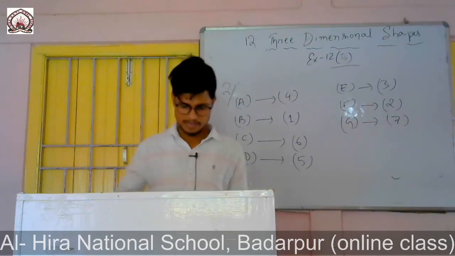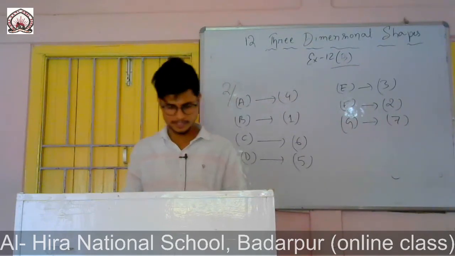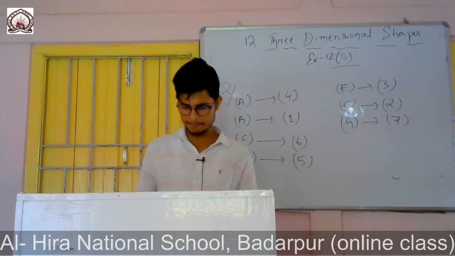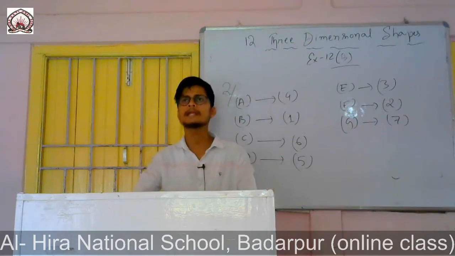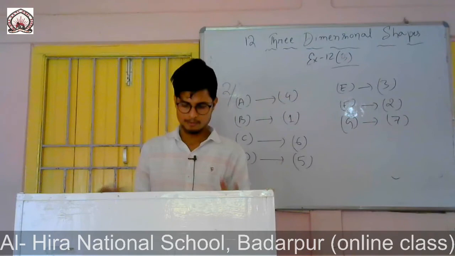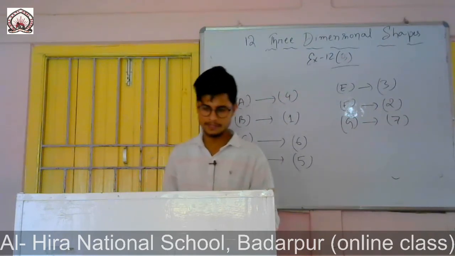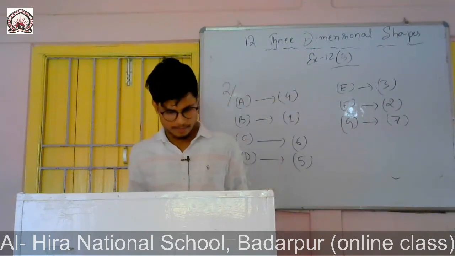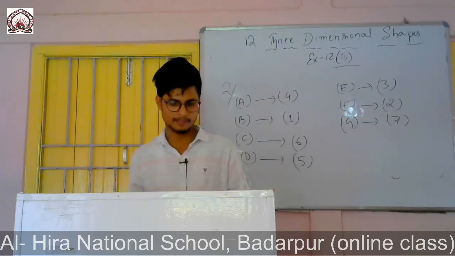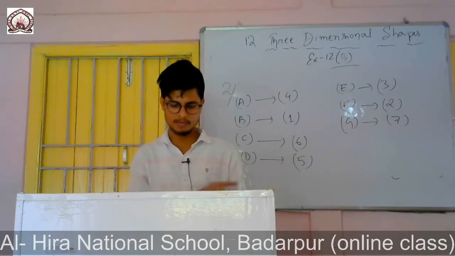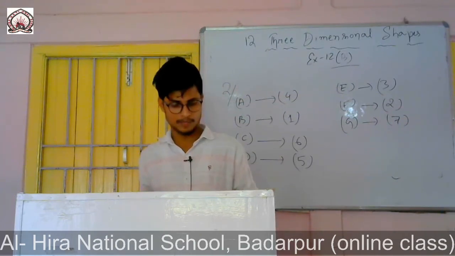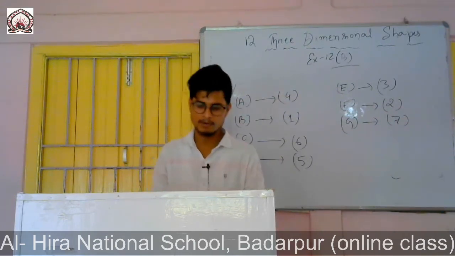Now the last question of this exercise, higher order thinking. What shapes would you need to cut out of paper to build a triangular prism and a cube? To build a triangular prism, what shapes do you cut? If you see question number 1, Roman number 3, it is a triangular prism.